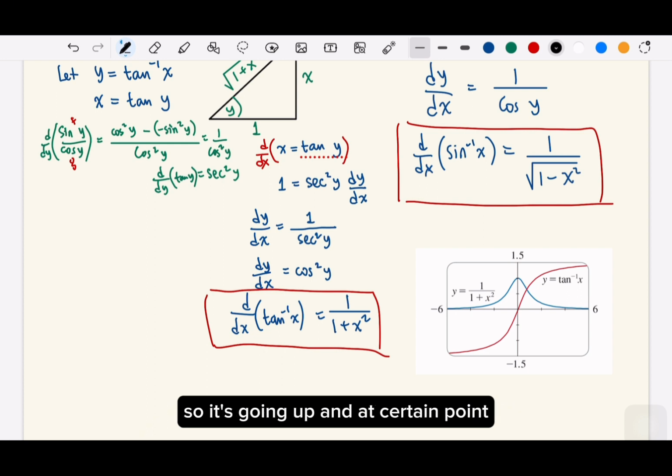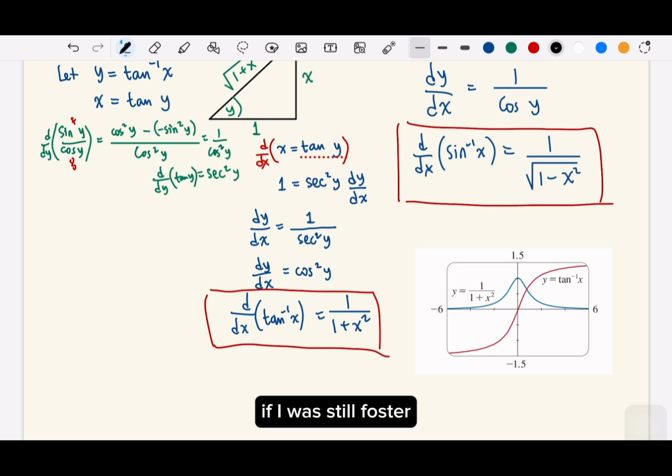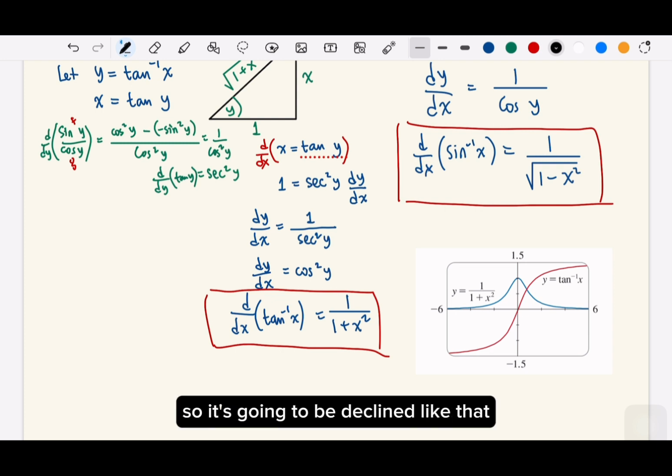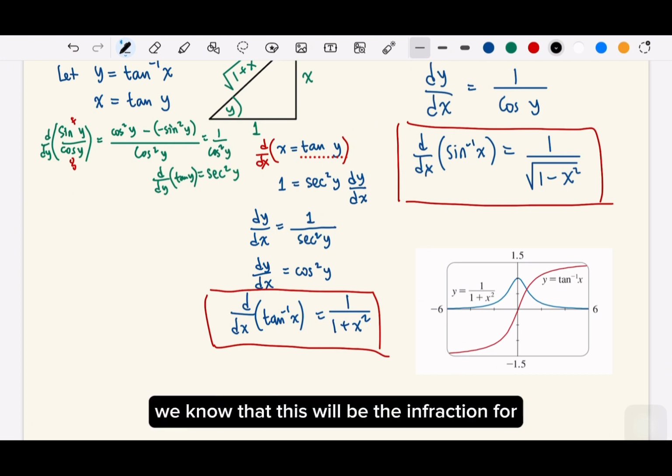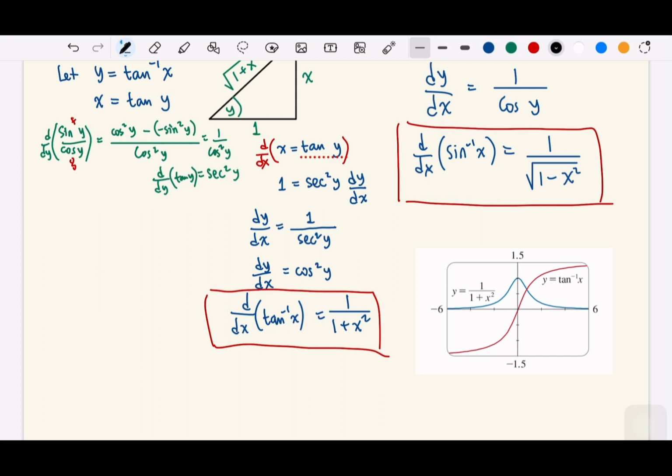It's all positive region, so it's going up. And at certain point, the value is declined, right? Decline, but still positive. This value here, later we know that this will be the inflection point. That is when the second derivative is equal to 0. Okay. But I think we don't need to worry about that now. We need to worry later. Okay.